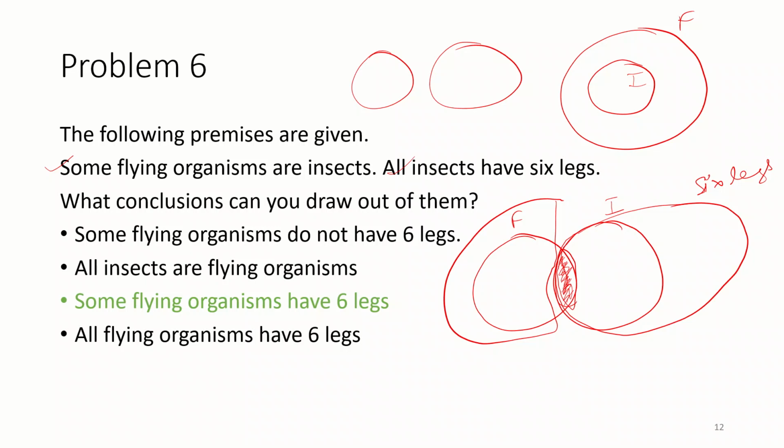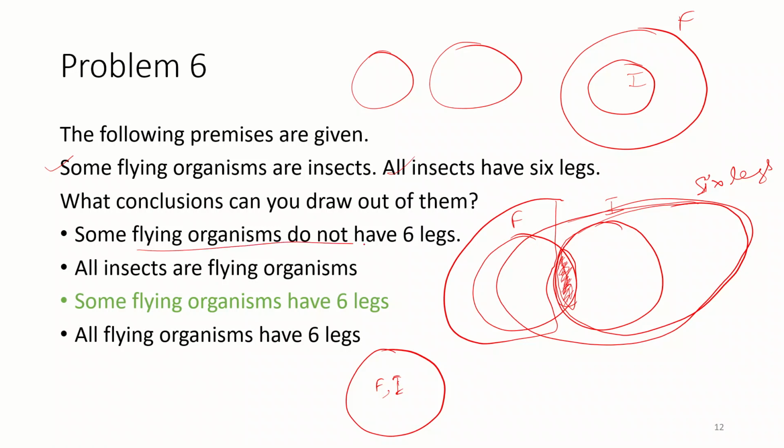The thing is, they can also have two conditions. F and I can also be the same thing, a complete conjunction, and this 6 legs can be extended to this also. We do not have information for that. So yes, some flying organisms do not have 6 legs. That is true.